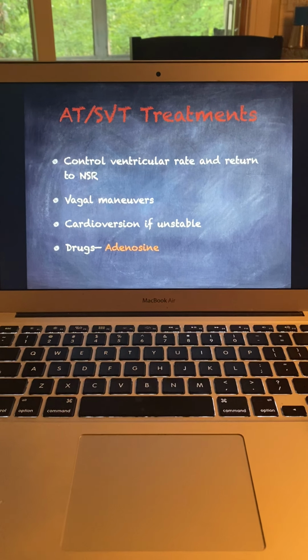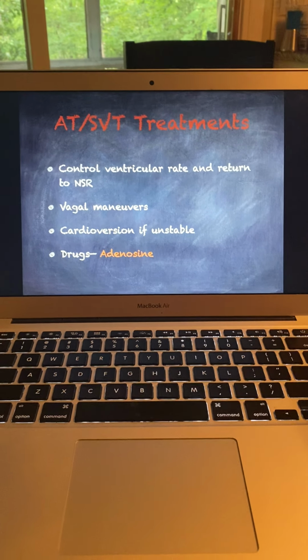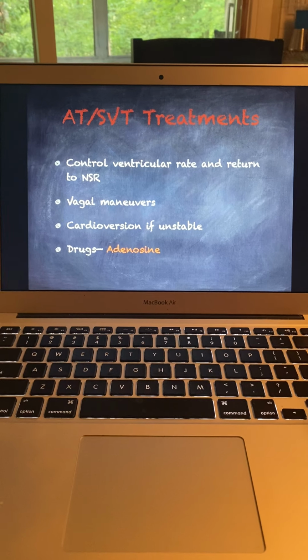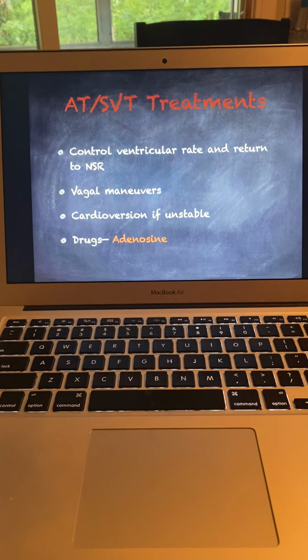Sometimes that will help the patient increase their vagal stimulus, and that way they can break out of that rhythm without any kind of medication or shocking.